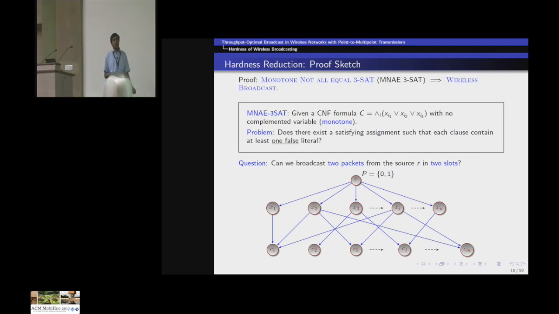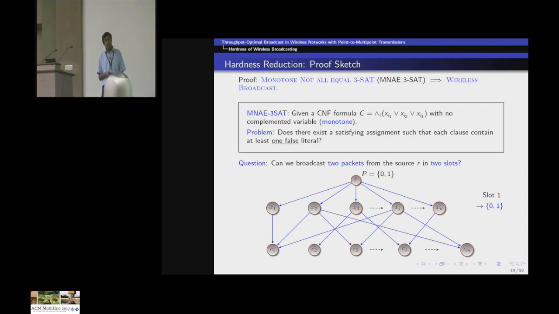And now I ask this question: can we broadcast 2 packets from the source node R in 2 slots? Suppose that we can or we cannot. So what happens in the first slot? Suppose the broadcast capacity of the source node is 2, and the broadcast capacity of the nodes of the second layer is 1, all 1. So in the first slot, every node in the second layer gets 2 packets, and let's label them 0 and 1.